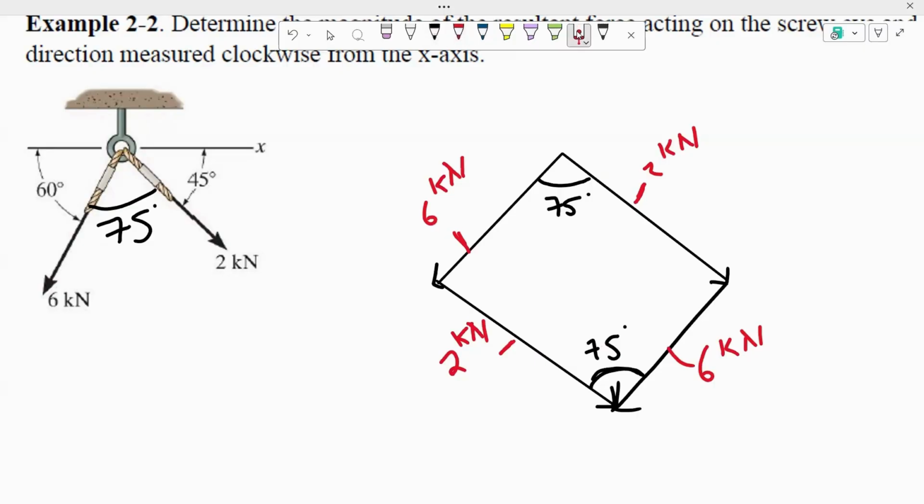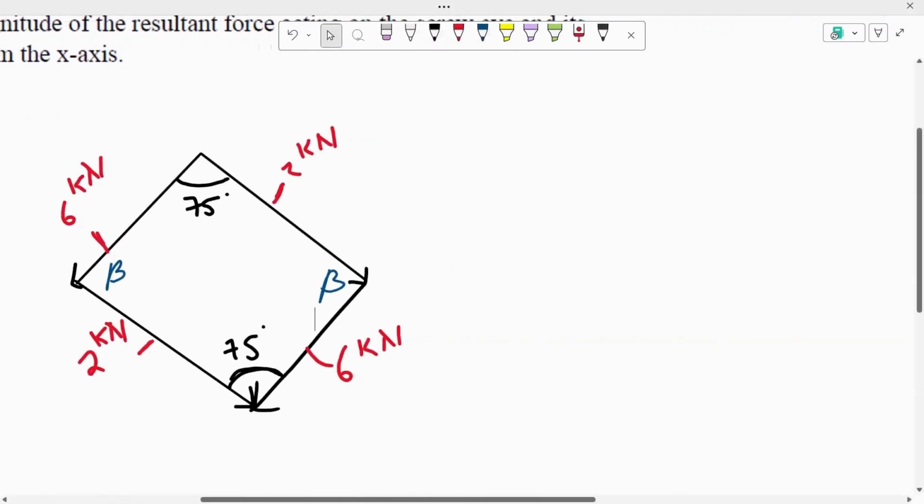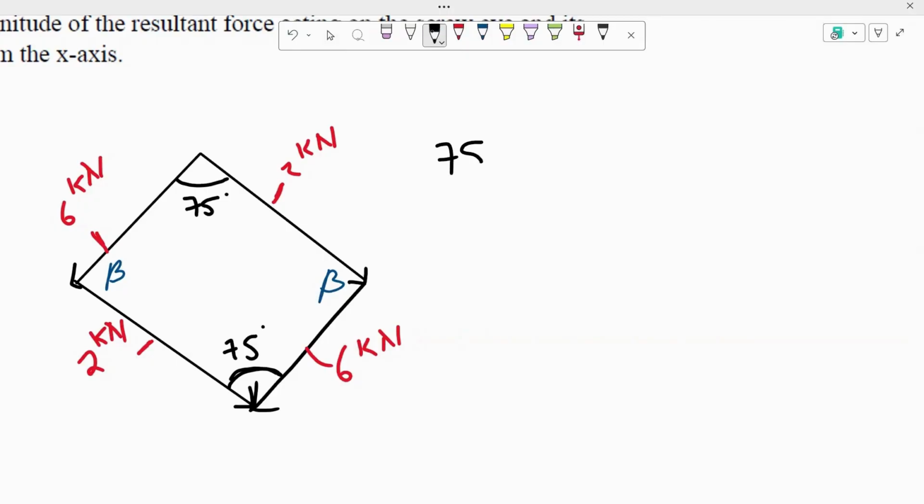So now what we have to do is try to find these two angles right here, which will be the same. We're going to call those beta. So how are we going to find beta? We know that the sum of the angles of a parallelogram is 360. So we're going to do 75 plus 75 plus 2 beta equals 360 degrees. 75 plus 75 equals 150.